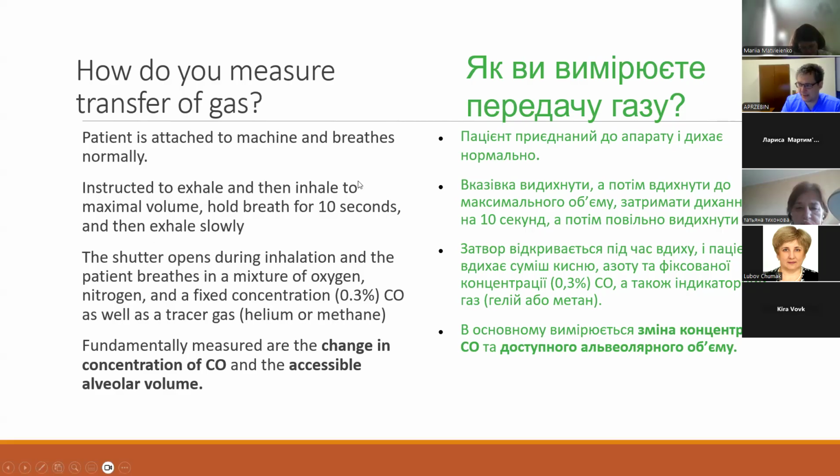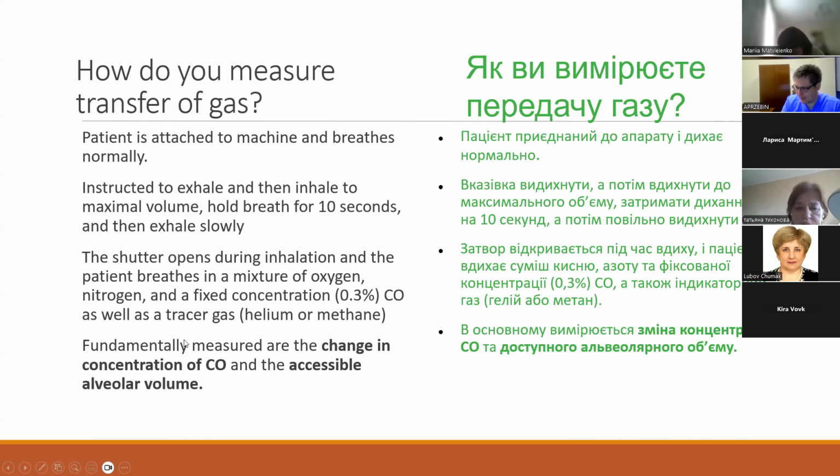When they do this inhalation, the shutter opens and the patient then breathes a mixture of not just room air, but oxygen, nitrogen, and this fixed concentration of carbon monoxide, which is 0.3% typically. And then a tracer gas, historically helium, but I think these days everyone uses methane.